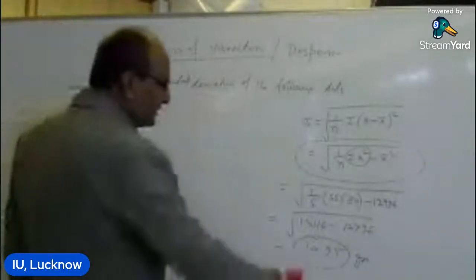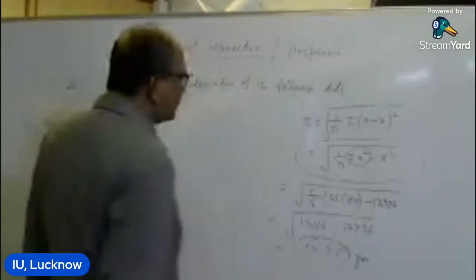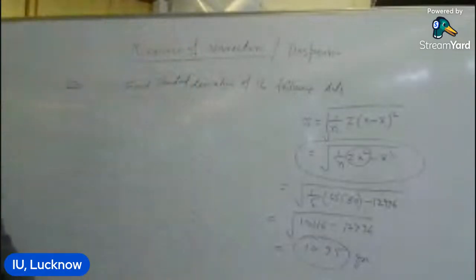Just the square of this value, you will get the variance of these observations.